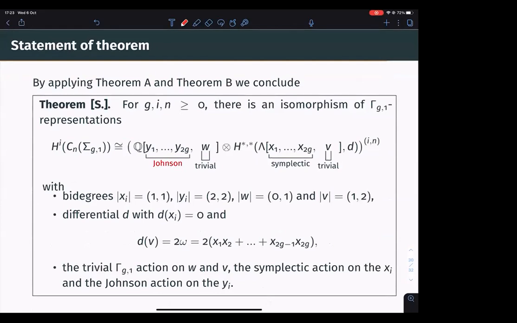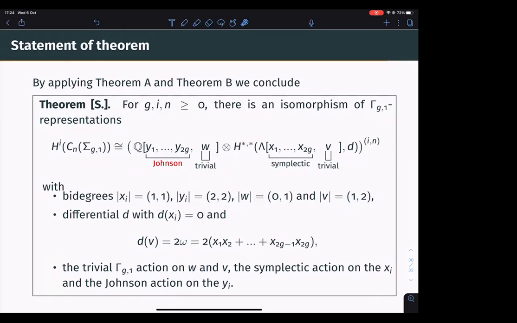We apply theorem A, that was a theorem for general manifolds, and theorem B, that was the theorem computing the cohomology ring of the mapping space rel boundary with the gamma G1 action and the sphere action weights. So I managed to add this final clause here, giving you this isomorphism now as gamma G1 representations, but with the correct action, that is the Johnson action on the yi.